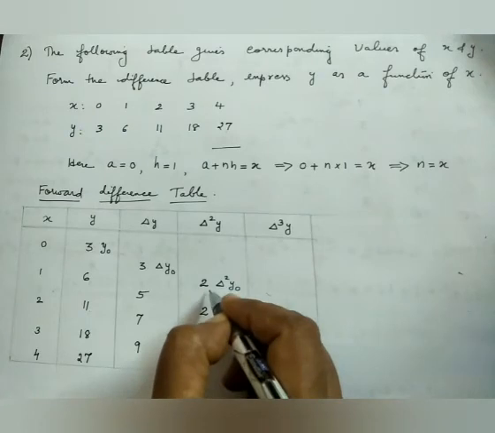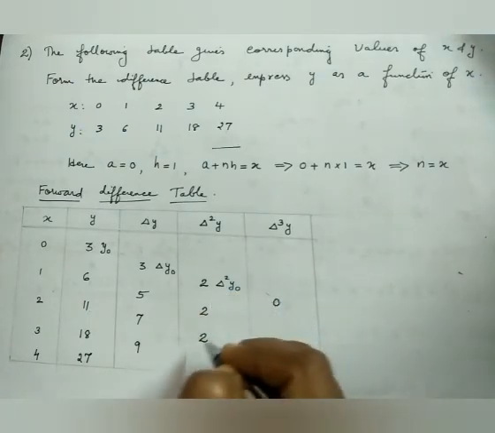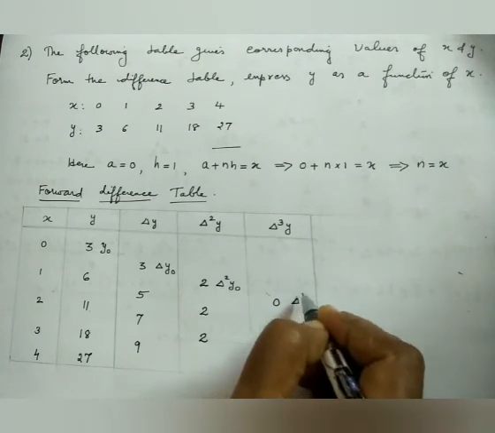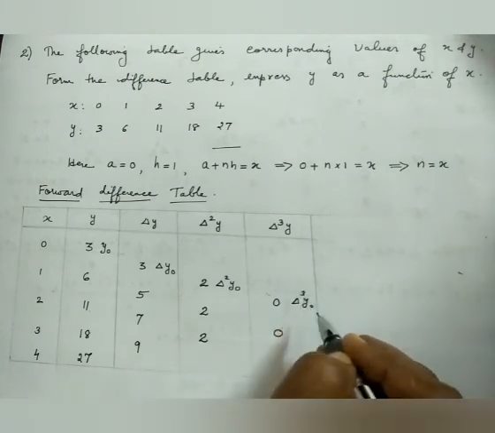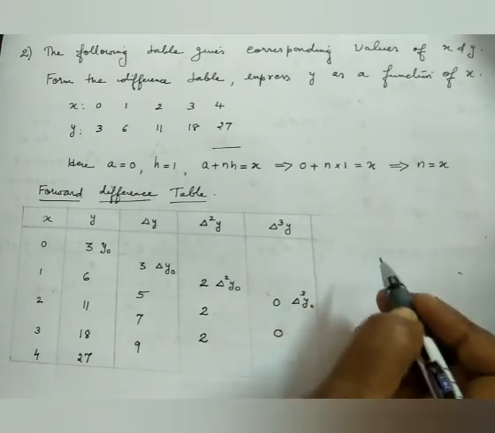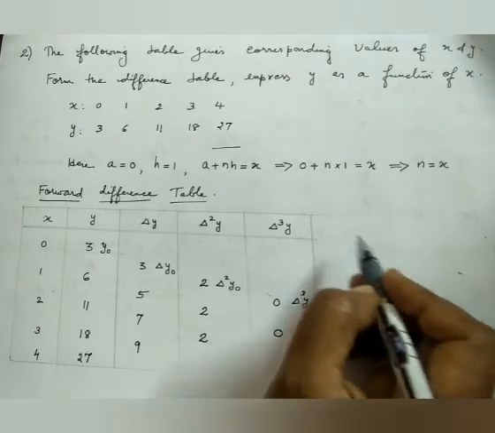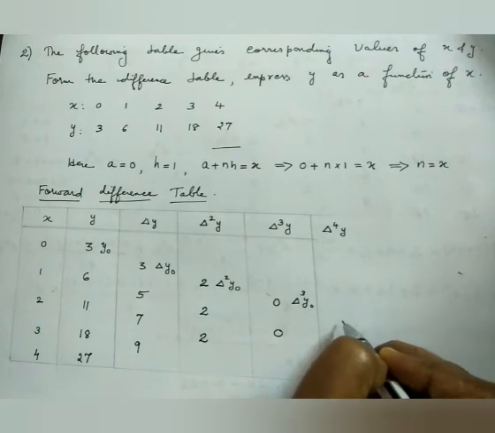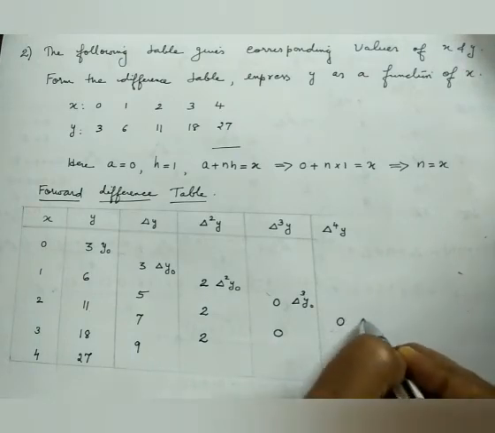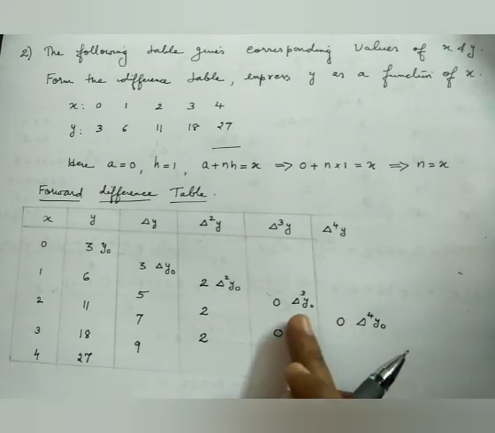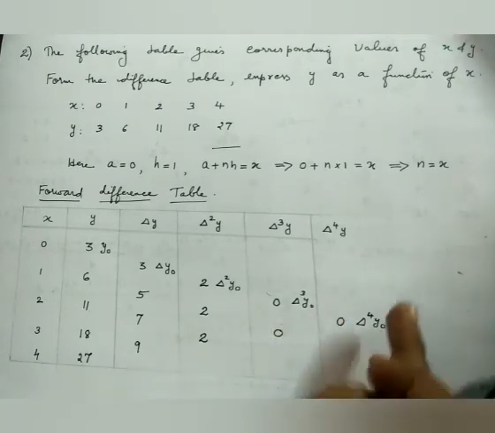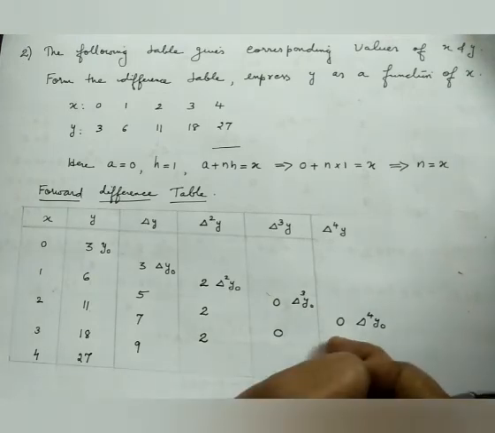We can see that 2 minus 2, 0. 2 minus 2 again, 0. Therefore, delta cube y naught is 0. Similarly, we can identify that delta raised to 4 y naught will also be equal to 0. Therefore, we are not considering delta cube y naught and delta raised to 4 y naught. We can wind up here.